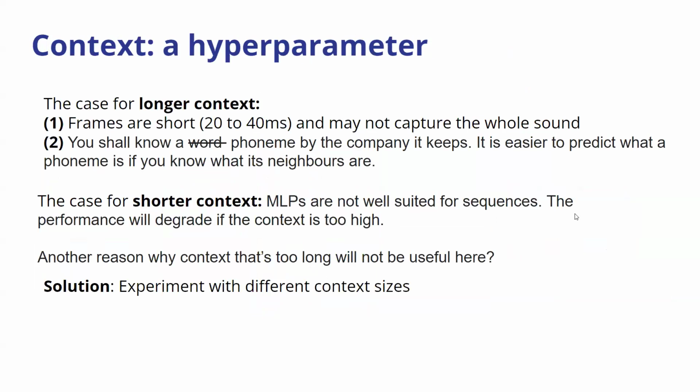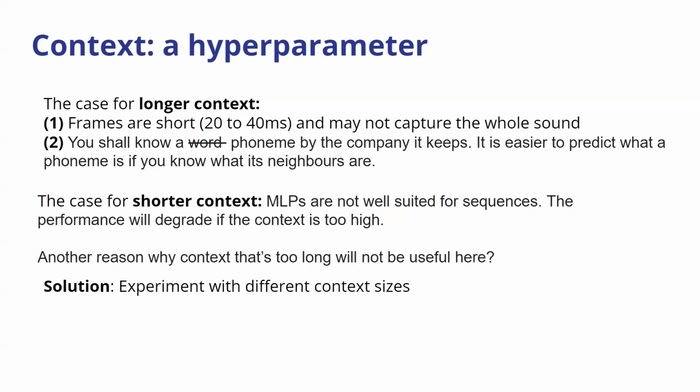And context is a hyperparameter in this problem, right? Because we're dealing with an input which is itself a sequence. The MFCCs are frequency coefficients across time, right? Let's argue both ways. Why should we want longer context?